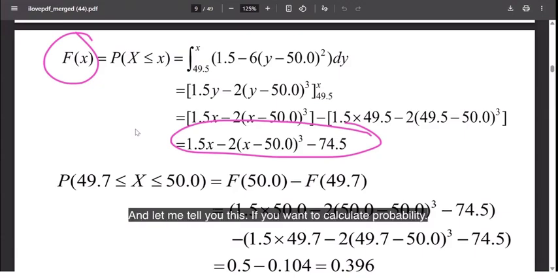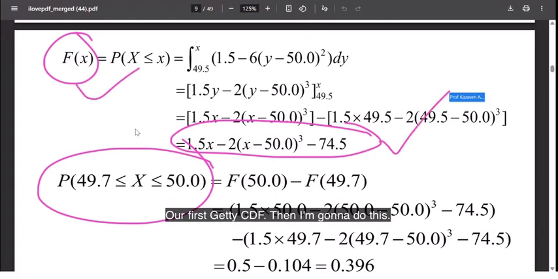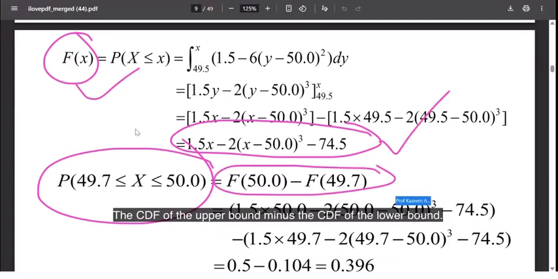And let me tell you this. If you want to calculate the probability of x lying between a lower bound and an upper bound, the alternative way you can do it is to go by CDF. Once I get the CDF, then I'm going to do this: the CDF of the upper bound minus the CDF of the lower bound.